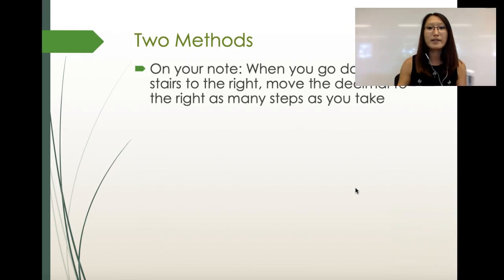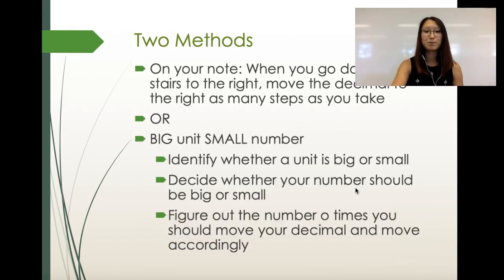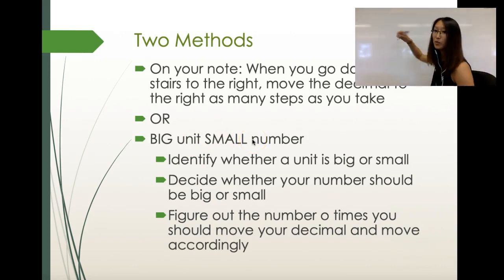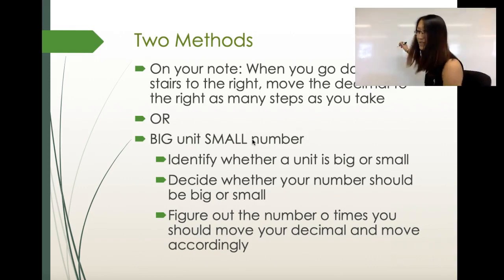But I told everyone in class that there's a very important message from me that you need to remember. It's called big unit, small number, or the opposite, small unit, big number. So how does that work? If you look at the whiteboard over here, I hope your screen is big enough so you can see it.